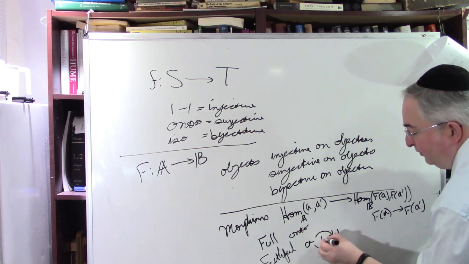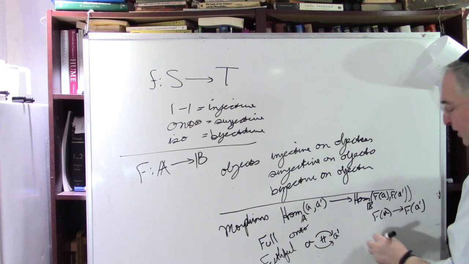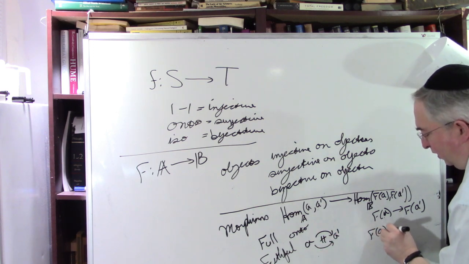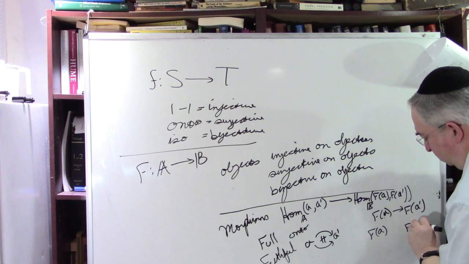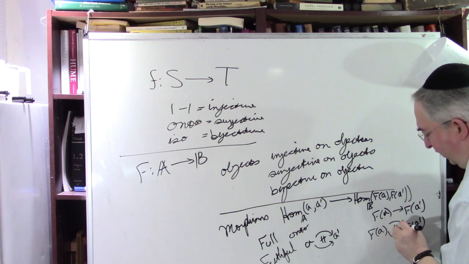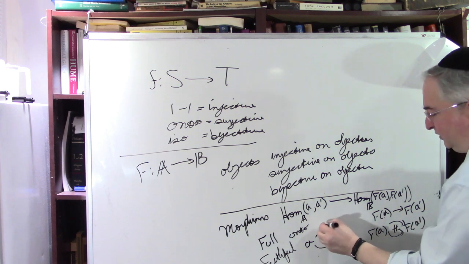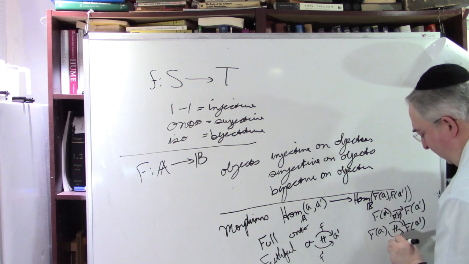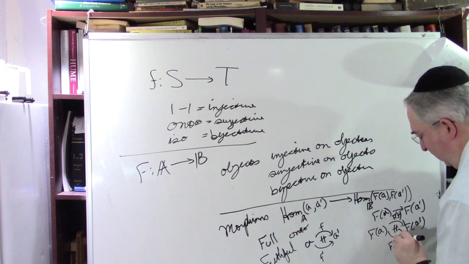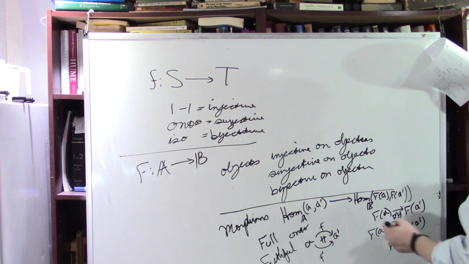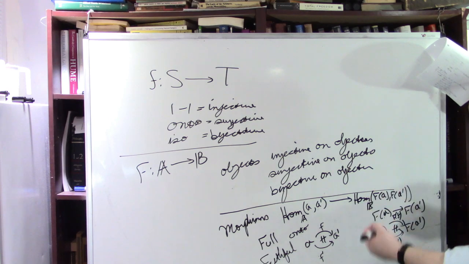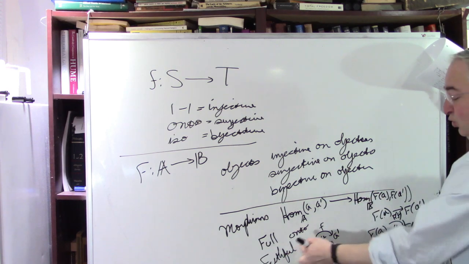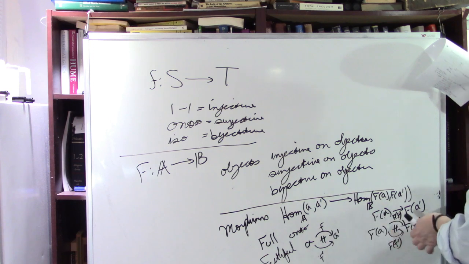If these two are not equal, then these two are not equal. In other words, if this is f and this is f prime, and this is capital F of f, and this is capital F of f prime, then if these two are not equal, these two are not equal. If something is not faithful, then two different morphisms can collapse to the same image.